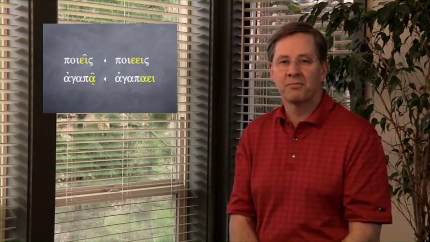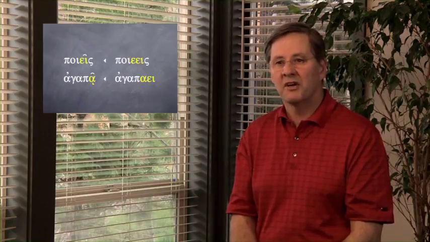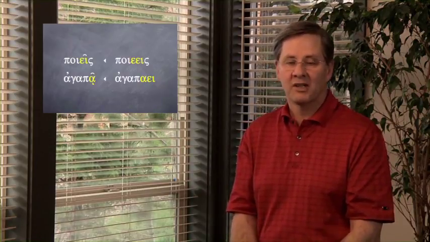So rule number 7 says that when you have a single vowel followed by a diphthong, if the single vowel and the first vowel of the diphthong are the same, they simplify. In other words, one just drops out. Okay, so if you have the second person plural form with poieo, you have poieite. You have 2 epsilons, the same vowel, and so one of them just drops out, and you end up with poite.